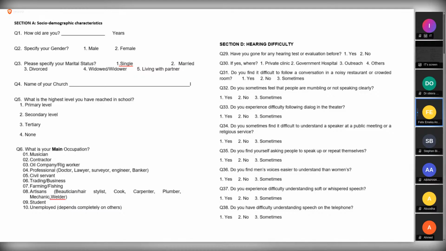Now, apart from the section A, which is the social demographic characteristics, I advise that if you have 5 specific objectives, let your objective 1 be section B of your questionnaire, because section A by default is social demographic characteristics. Then you can now have your section B, section C, section D, section E. So specific objective 1 should be section B of your questionnaire.